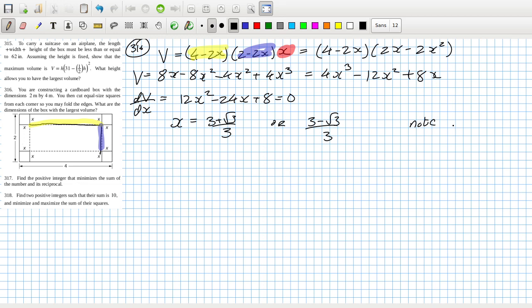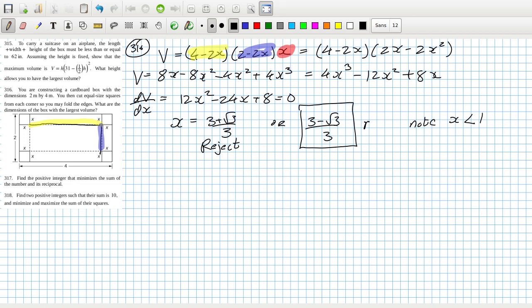Like x has to be less than 1. So, yeah, we'll have to reject this answer because that's cutting off too much. So it seems to be this answer here.